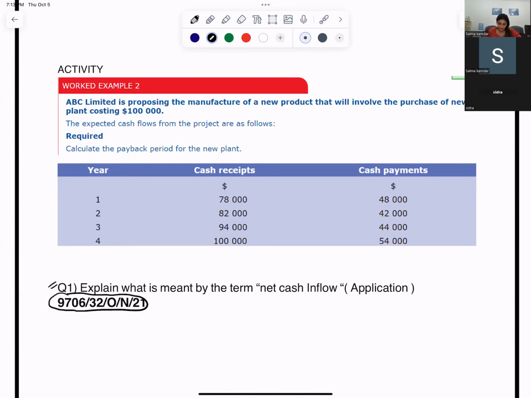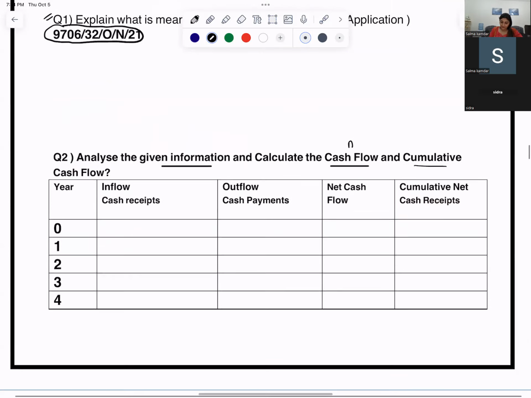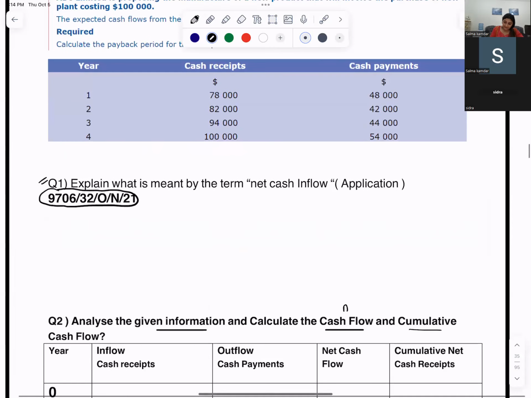Okay, fine. Now they are telling you to analyze the above information and calculate the cash flow and cumulative cash flow. That means they are asking you to calculate the net cash flow and cumulative net cash flow.